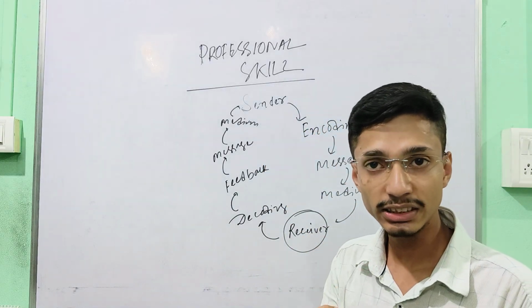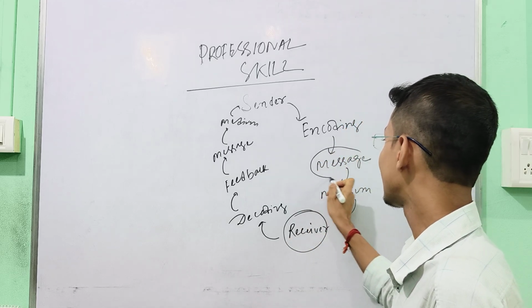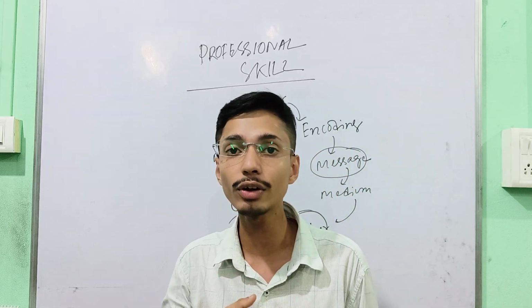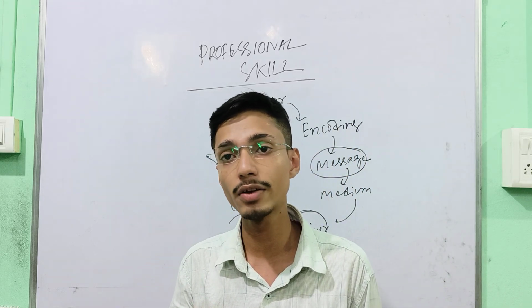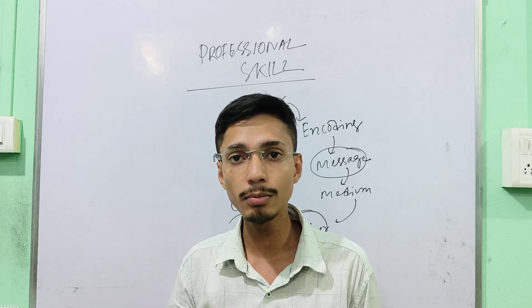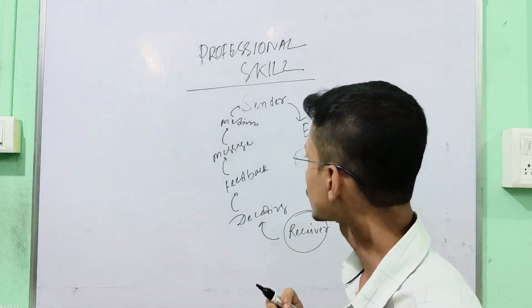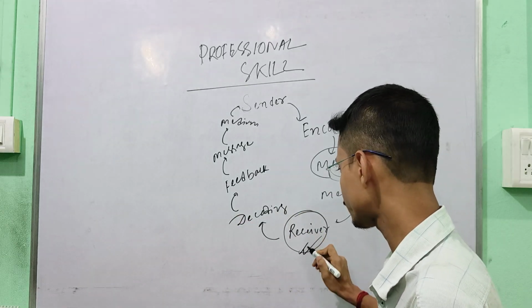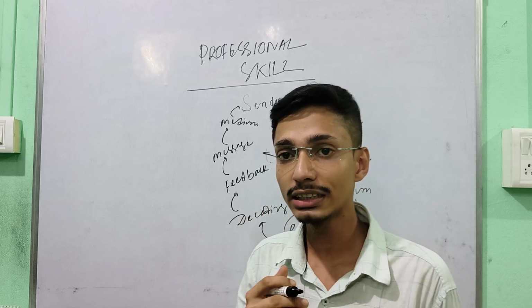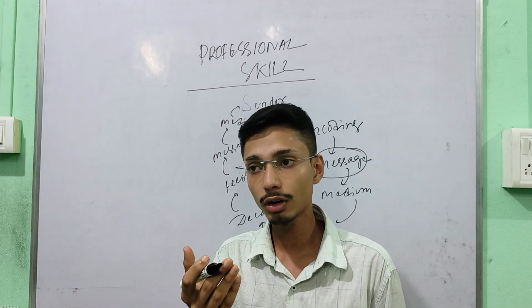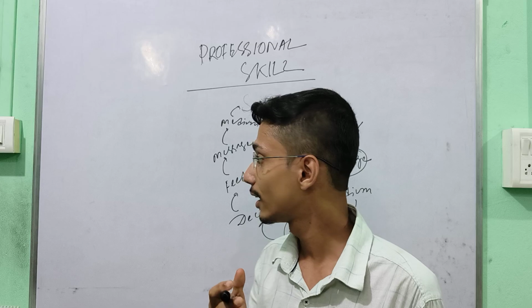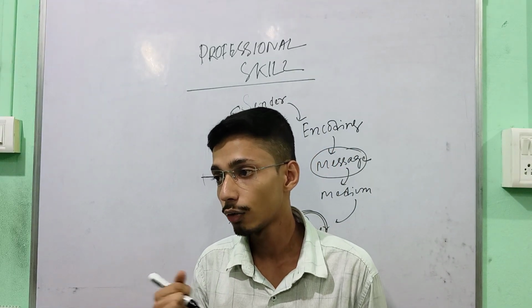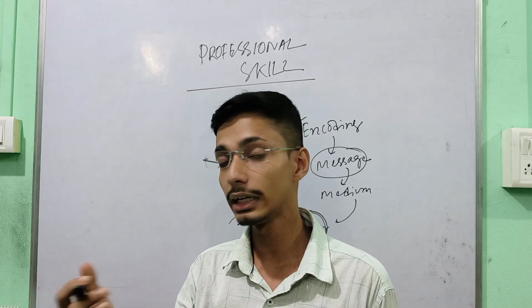After encoding this message, the sender sends the message through a medium. Medium means the way through which we can convey our thoughts. It may be a verbal medium, a non-verbal medium, a written medium, an oral medium, etc. Suppose the sender is a French person, and the receiver is a listener from, for example, Italy.